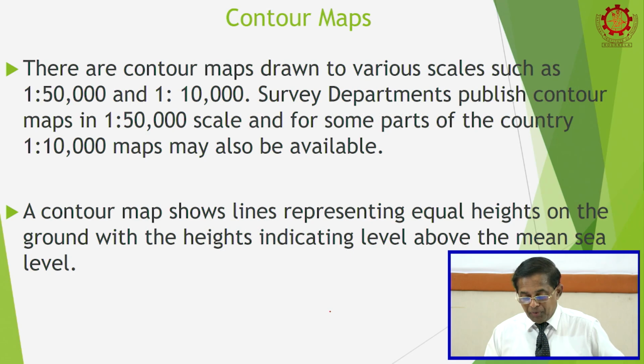So, a contour map shows lines representing equal heights on the ground, with the heights indicated as level above the mean sea level.